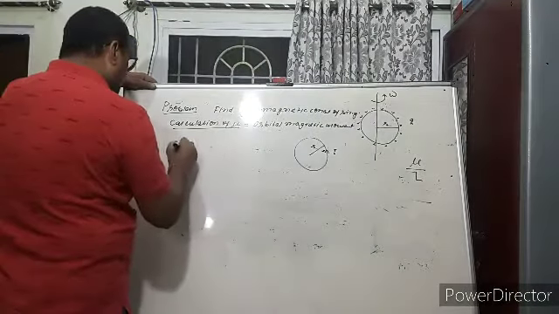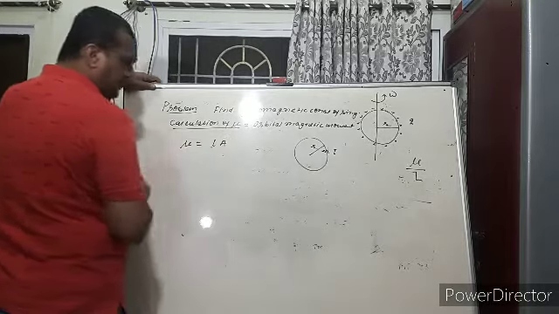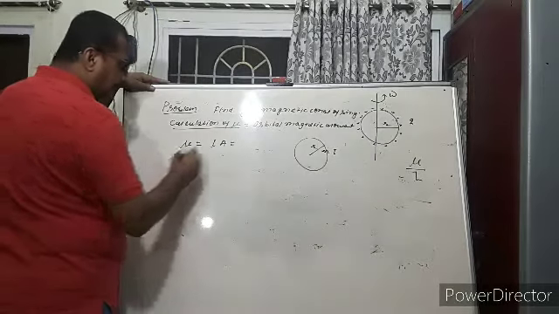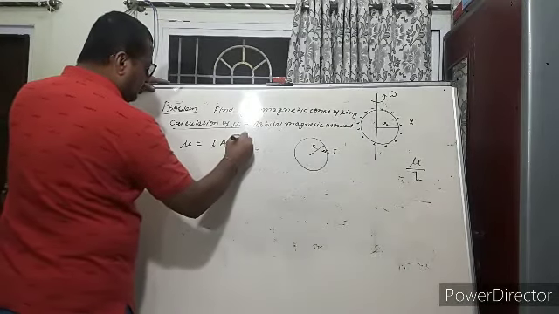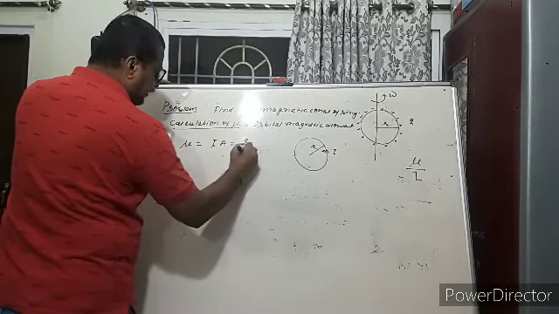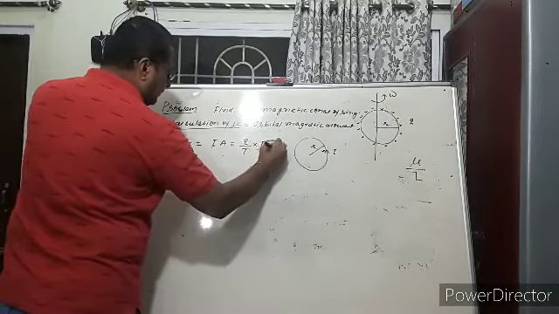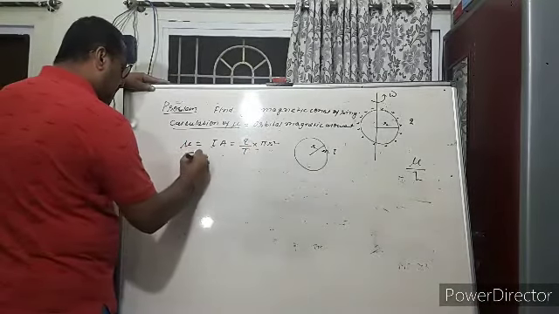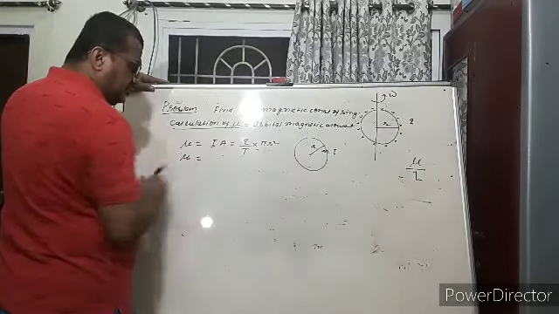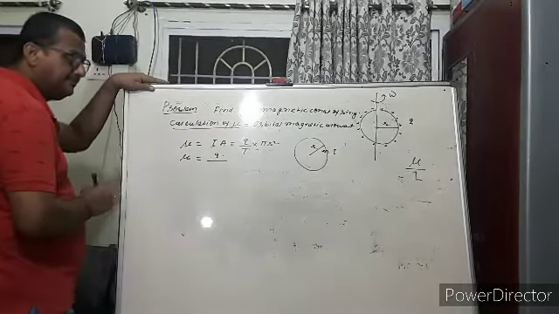Mu is equal to I A. Current I is equal to Q by T, and area is pi r square. Q is the amount of charge, T is the time period.